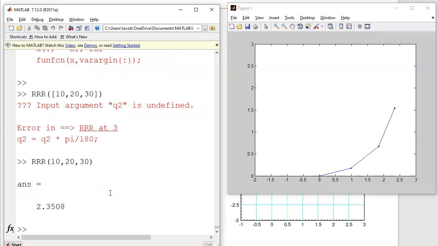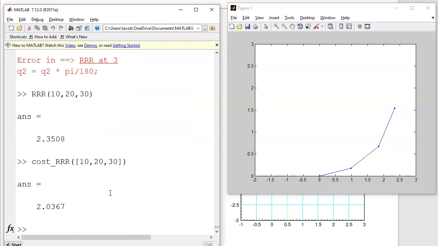Pass it 3 numbers. And with fmin search, it wants just a single variable right here. So the variable is going to be a matrix that has 3 entries. That's my theta 1, theta 2, theta 3. I want the tip to be at 1, 2.